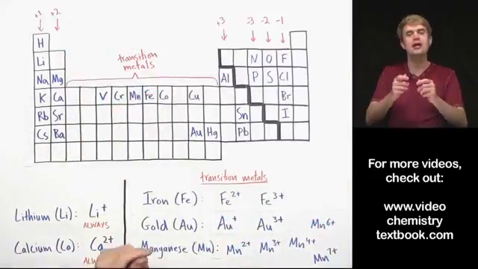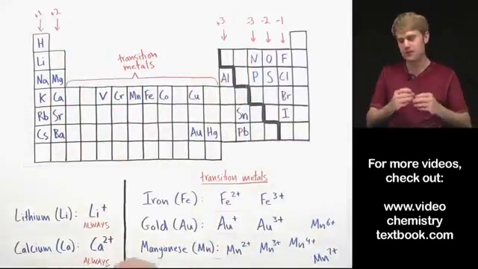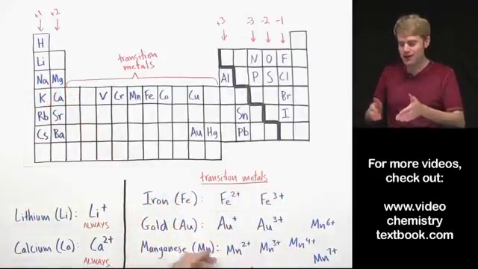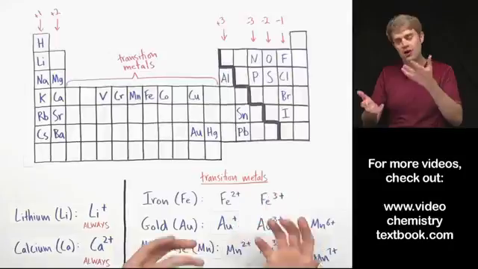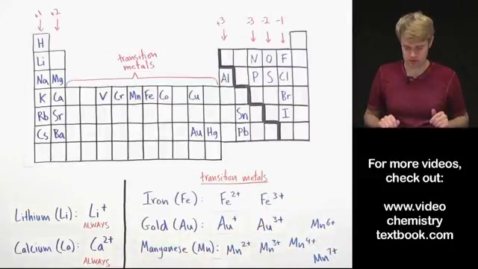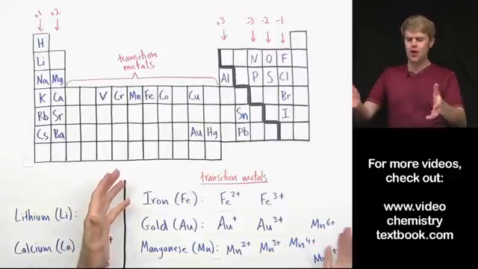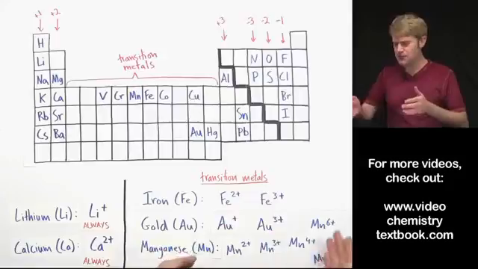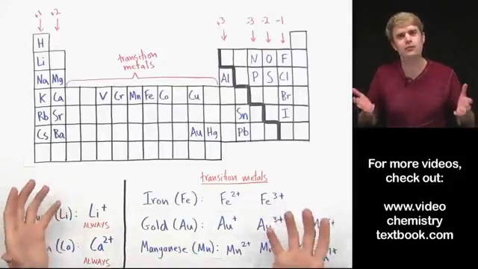They're not set on giving just one away or two away. They can give a couple away, they can give a couple more away, and that's how you end up with these ions that have varying amounts of positive charge. So, when we have these elements that can make different types of ions, how do we tell them apart?